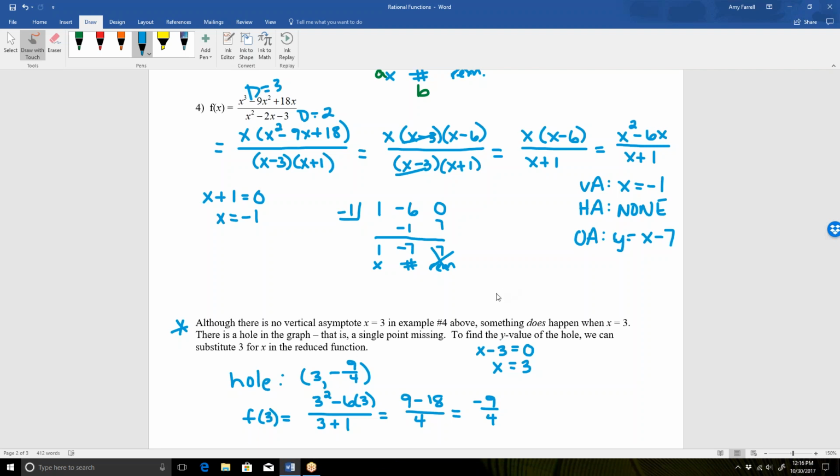So we do have a hole for the above function. As I mentioned, there is another video on graphing, and we'll discuss in that video how to graph a hole. It's really just a single point missing, an open circle in the middle of your curve.